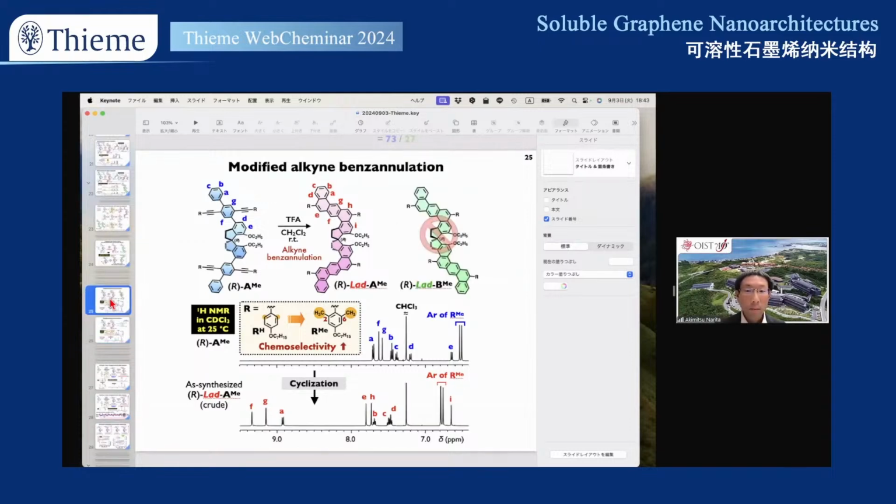Okay, R1. It might also be about the isomers, because I think you didn't show the 5-membered ring formation in this case.